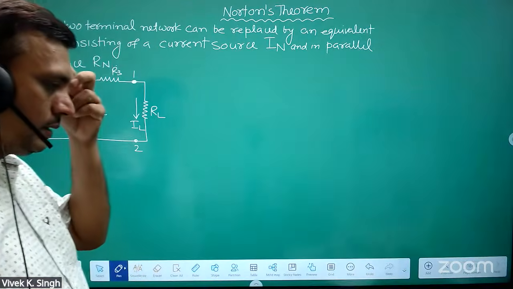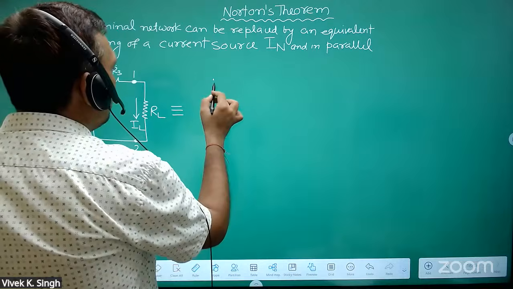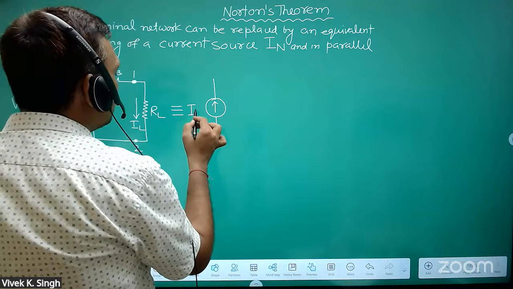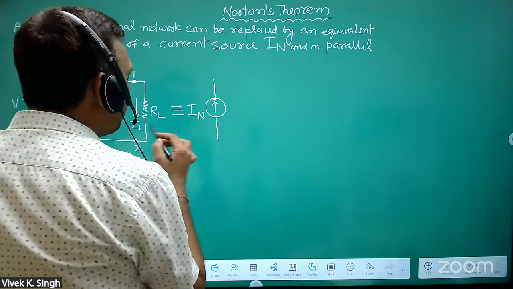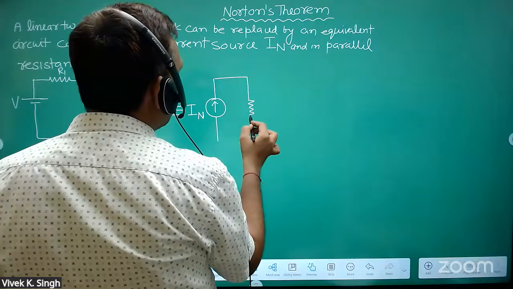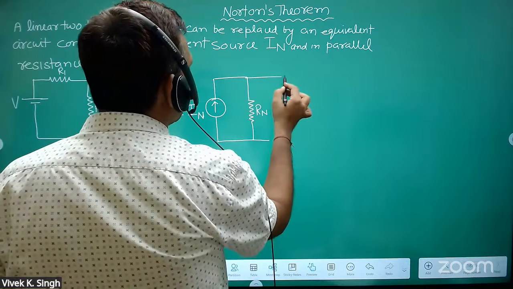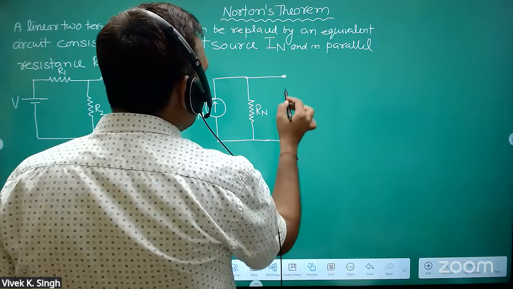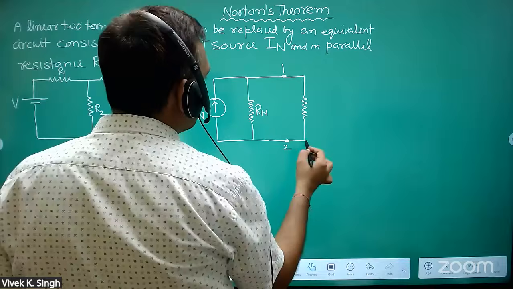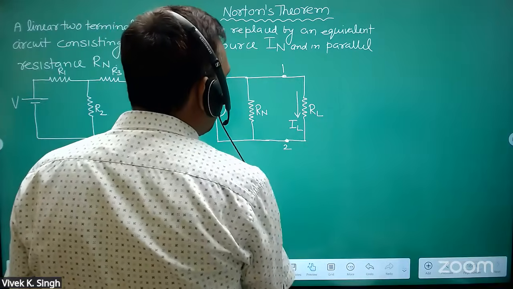So what will be its Norton equivalent? For the Norton equivalent, you have to consider a current source IN and a parallel resistance RN. So this is Norton's equivalent between terminals 1 and 2. And then there is a load resistance. So this current is I.